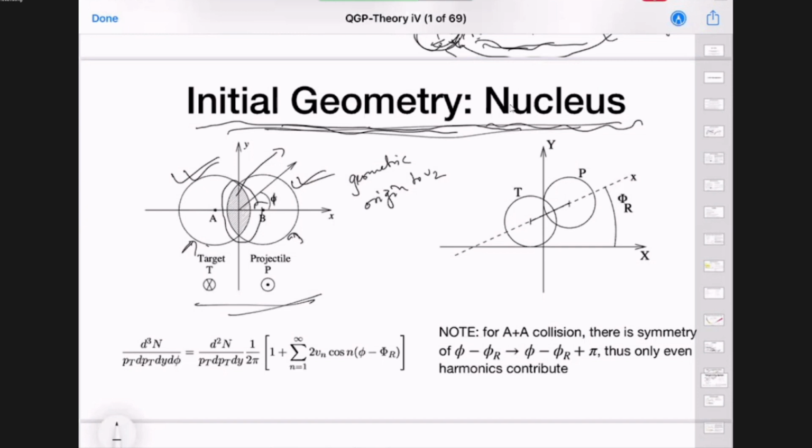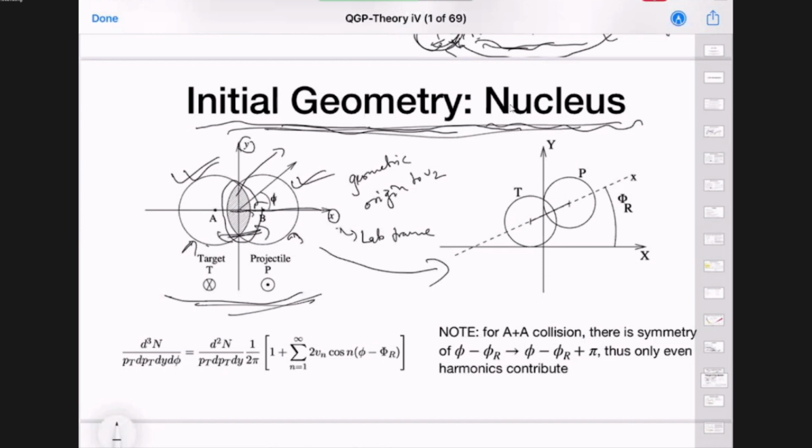So this x and y is of course your definition, which we say is the lab frame, right? That is your choice. The nuclei now collide. Now this is a very special picture where the nuclei are colliding such that the minor axis of this ellipse is aligned with your lab frame. This will of course not happen in general.